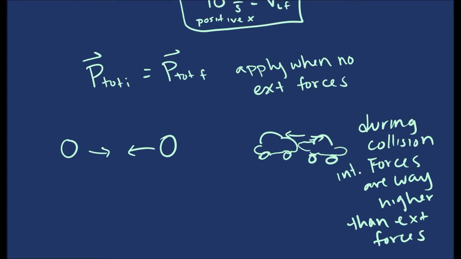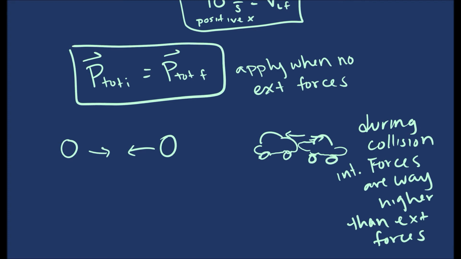So we are okay if we're looking just at our conservation of momentum right before the collision and just after the collision, because those internal forces are way higher than the external forces, we can still apply our conservation of momentum equation. Even if there are small friction forces that otherwise would be important, if we're looking at a collision with high impact forces between the two objects, it is okay to assume that those external forces are negligible during the time in which we're analyzing the situation.